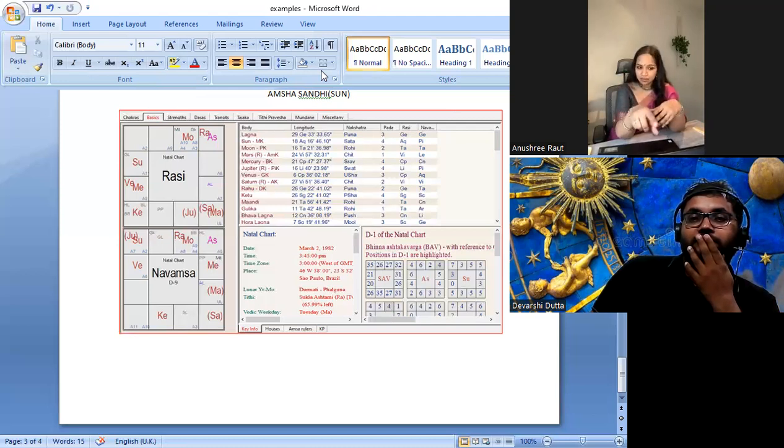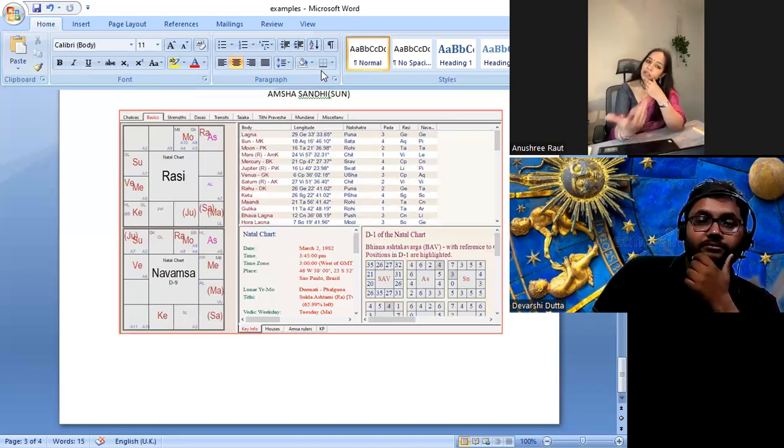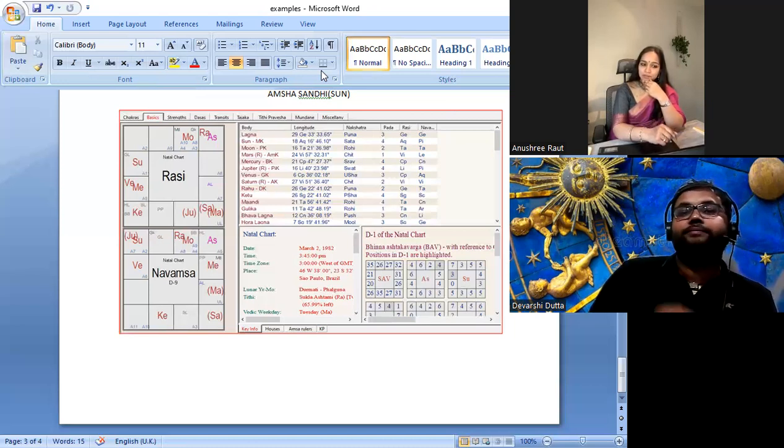Because Sun is Matrukaraka, she'll have that Sandhi crossover kind of experience for herself when her mother dies. So I have told her that when your mother dies, you will be crossing countries. You'll be leaving your country and going. Matrukaraka is 4th house energy.